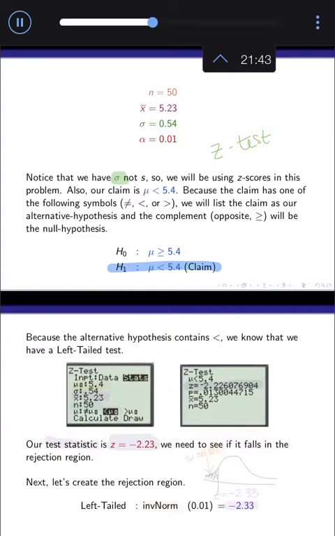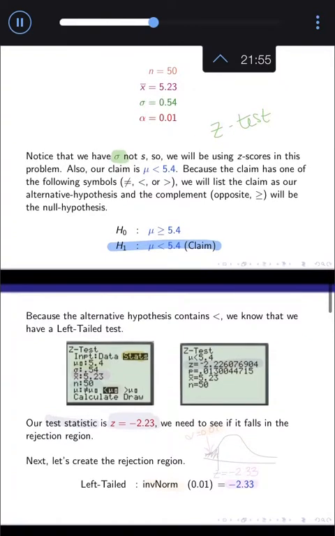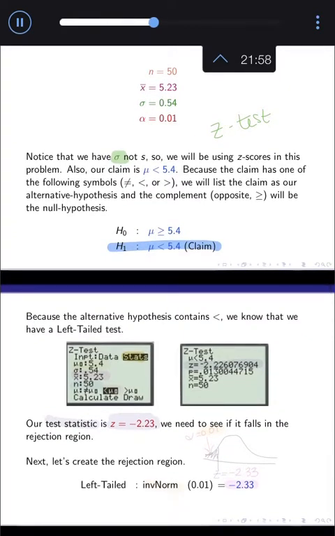So just like before, we'll do a z-test in our calculator using the stats button. We'll enter in the exact same information. The mean from our claim was 5.4. That comes first. Then the population standard deviation was 0.54.